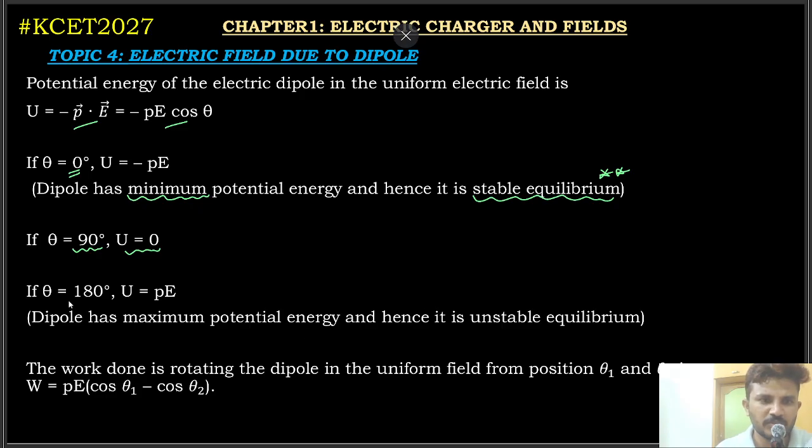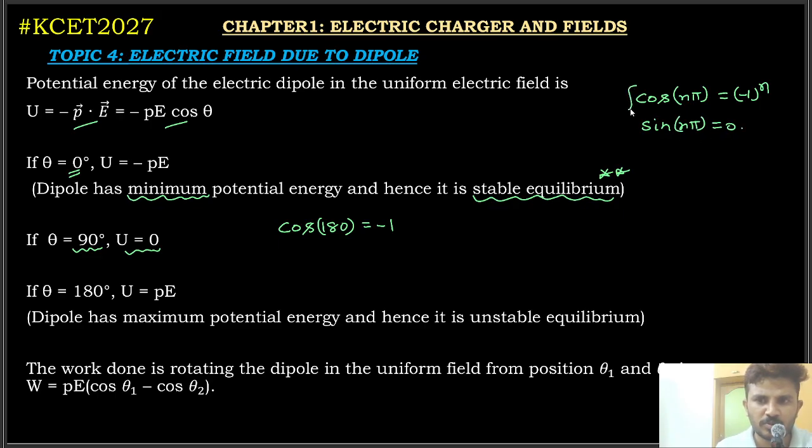If theta is 180 degrees, then U is equal to plus PE, because cos 180 degrees is how much? Cos 180 degrees is minus 1. Do remember one thing, that cos n pi in general is given by minus 1 power n, and sin n pi is equal to 0.